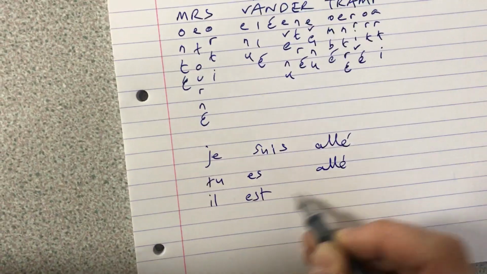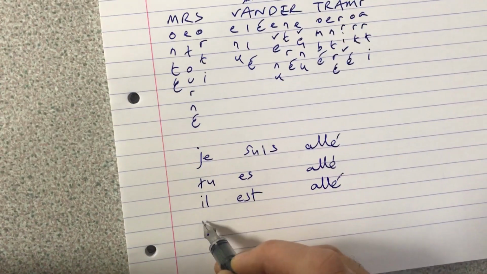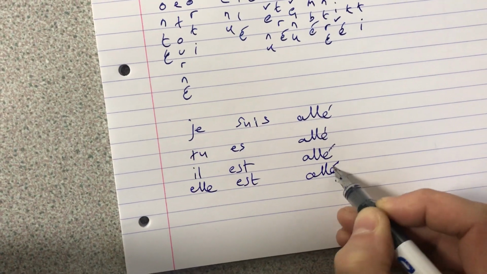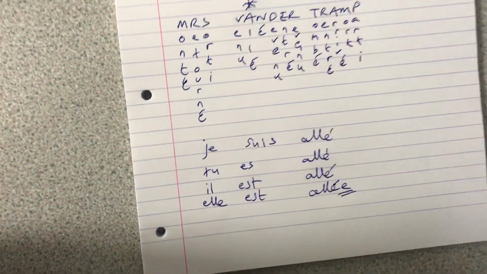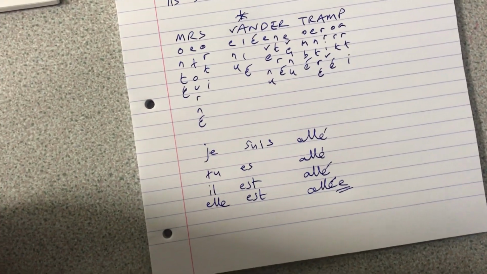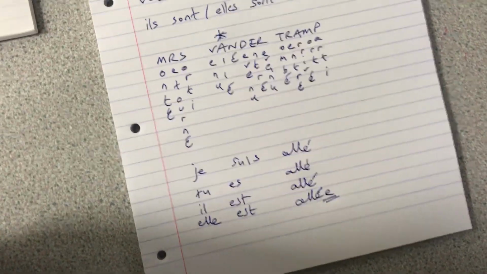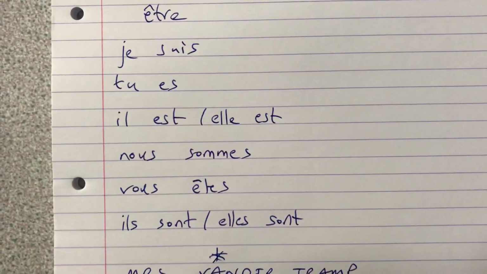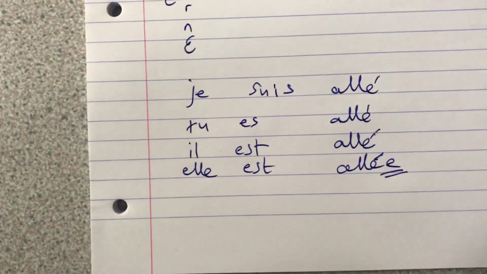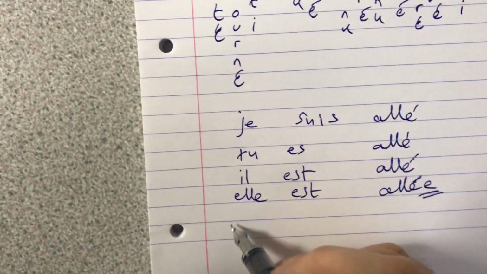Il est allé. Now, I am going to write out elle, and the reason I am is because when it's conjugated with être, you've got to make that past participle agree, whereas when it was conjugated with avoir, you didn't have to make the past participle agree.